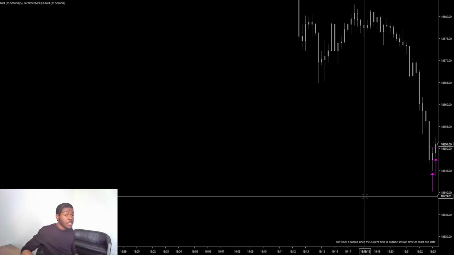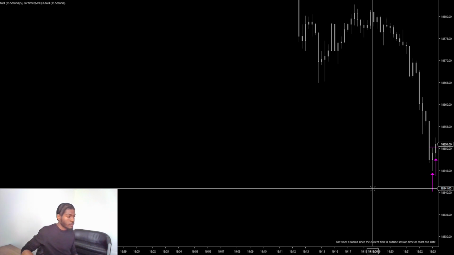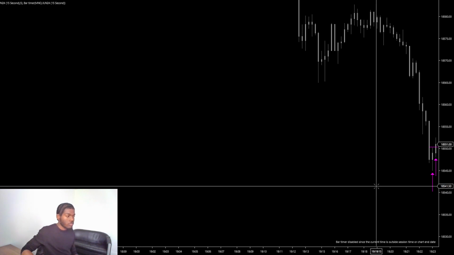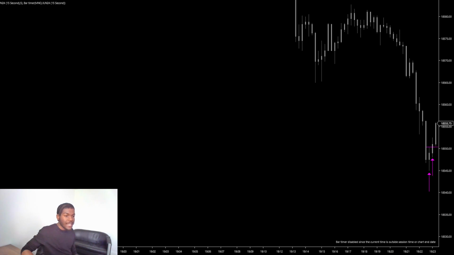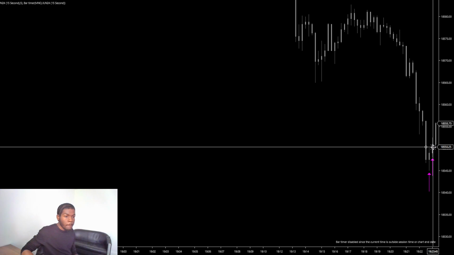Now it doesn't have to be a closure. We just need a move up above it, aka a wick above it. That's all. It does not have to be a closure. We see the next candle move above what?